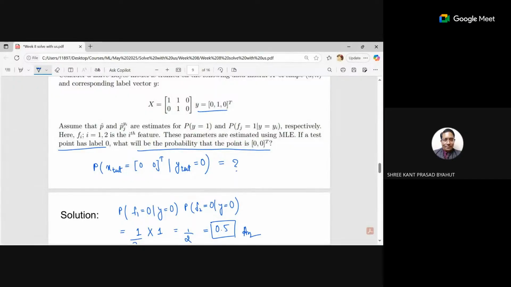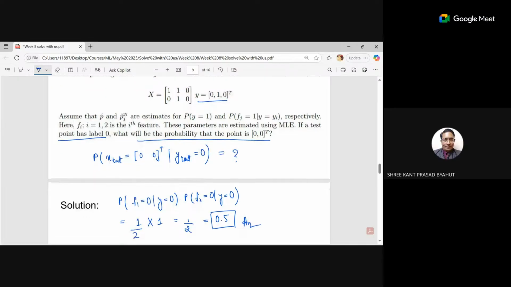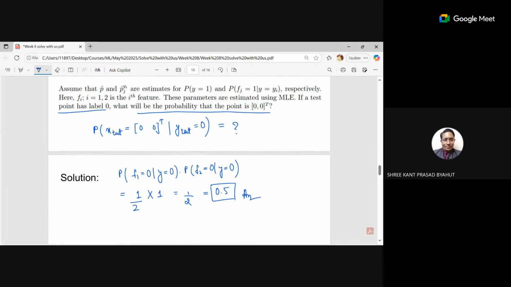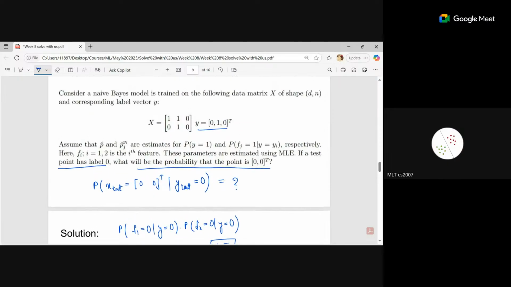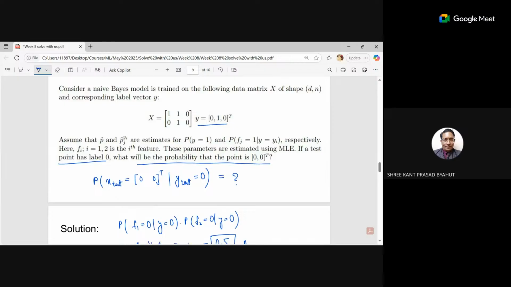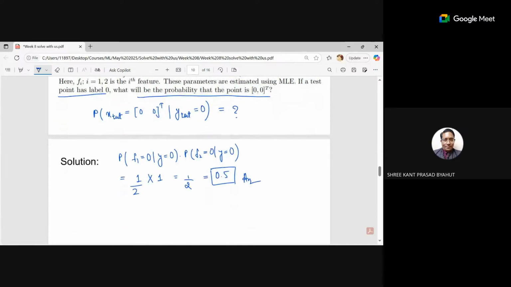That's why you're able to write this as a multiplication. And how did we decide that this was class independence? Because we're talking about the naive Bayes classifier, and one assumption is the class conditional independence.